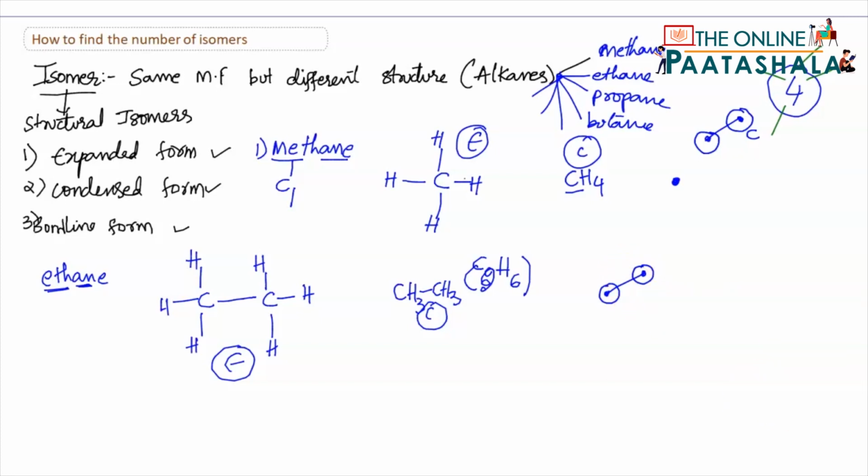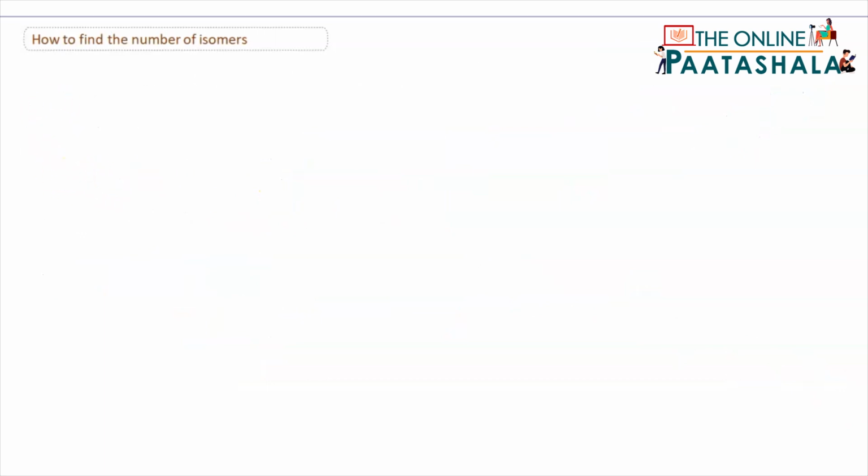Now we will go into the concept of how to find the number of isomers. We have the root words: methane, ethane, and propane.